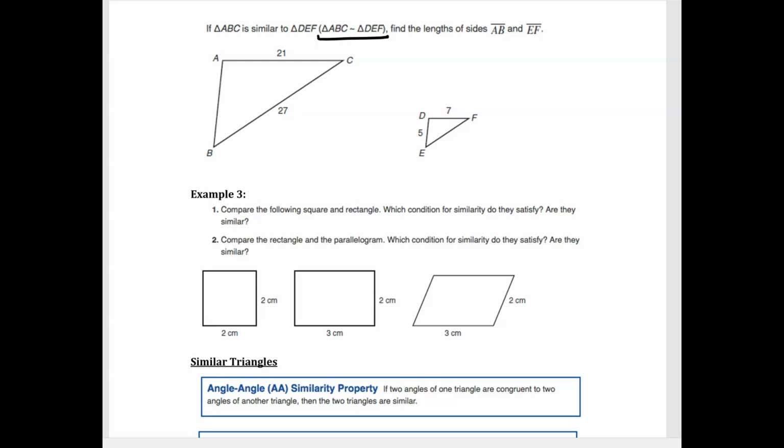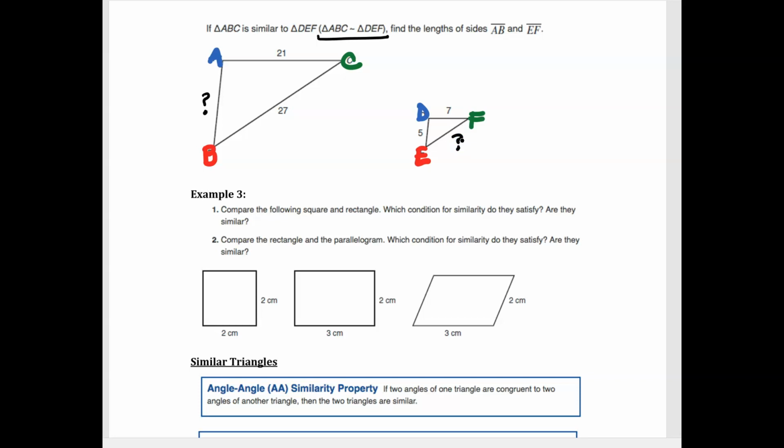I'm going to use different colors. So it looks like A corresponds with D, and B corresponds to E, and C corresponds to F. Okay, so we're not using the primes here, we're using different letters, which is good. It gives us another type of example. Find the side lengths of AB, so we're looking for this right here, and we're also looking for EF, so we're looking for this side length.